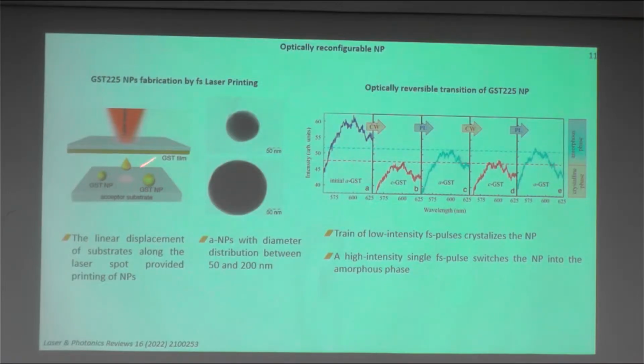In this case, you can produce amorphous nanoparticles of the size between 50 and 200 nanometers. These nanoparticles can be optically and reversibly switched between amorphous and crystalline states. So the nanoparticles can be switched using a femtosecond laser pulse, which is also interesting if you want to apply them for memory applications.